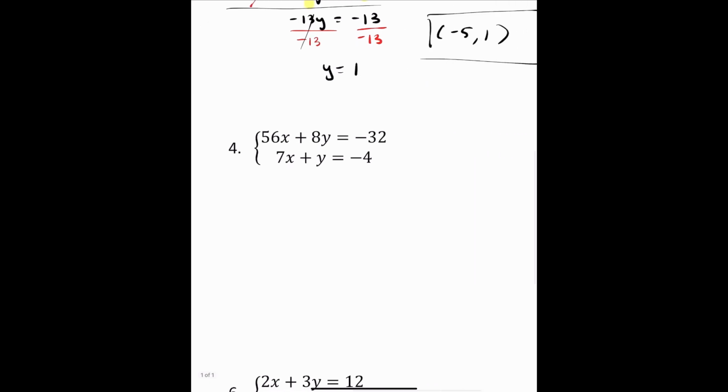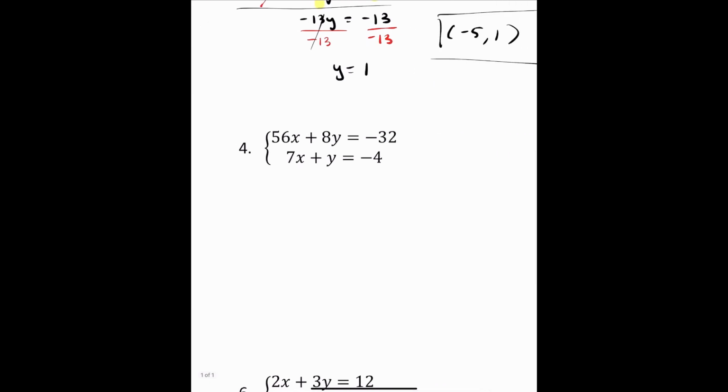All right. Let's move on to number 4. Ooh, we have 56x plus 8y equals negative 32, and 7x plus y equals negative 4. All right, so if I look at the x's, we have 56 and 7. That's just way too much for me, and 56 and 7 are large numbers, and those numbers I don't want to deal with.